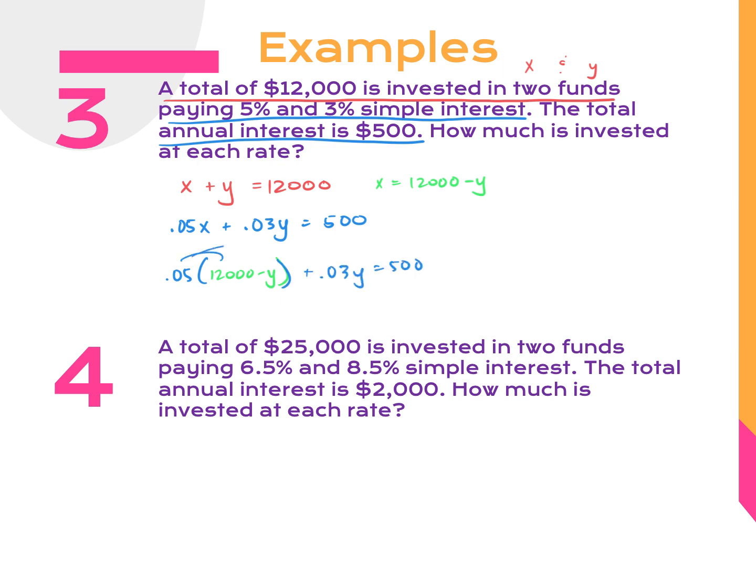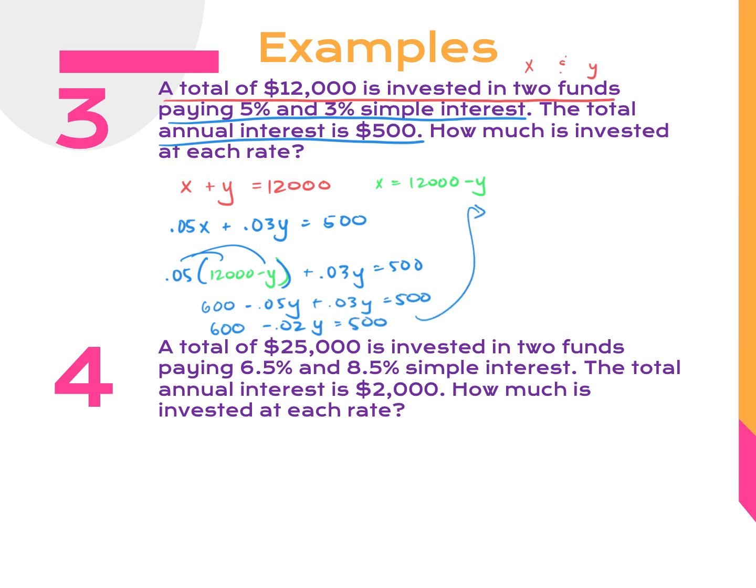I'm going to distribute the 0.05, and I'm going to get 600 when I distribute that. I'm going to get 600 minus 0.05y plus 0.03y equals 500. I'm going to combine those y's. I get minus 0.02y.